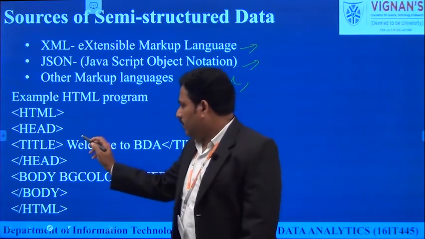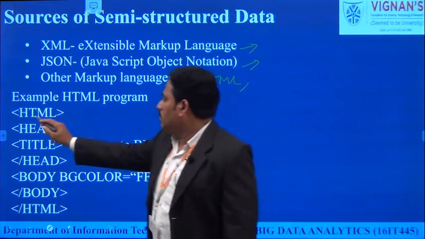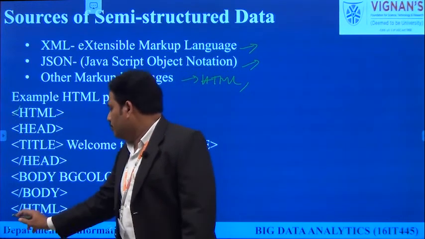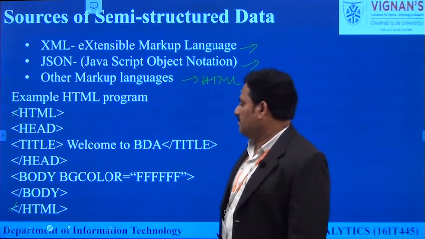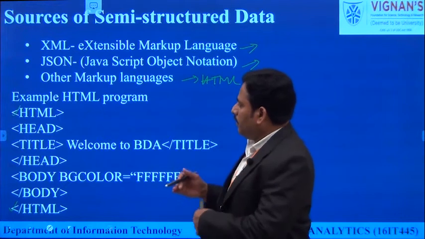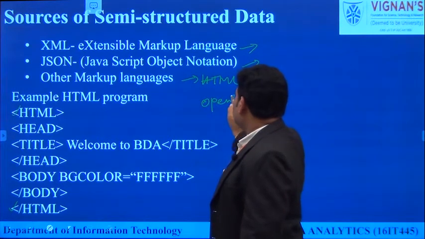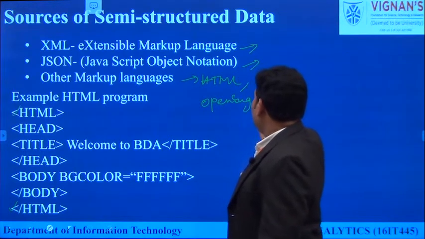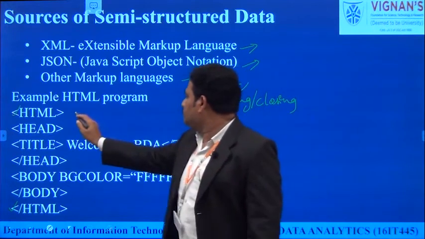Look here. If you want to write a basic HTML program, they suggest using structured information like the opening of a tag called HTML and the closing of the HTML tag. That is, opening and closing of a tag follow an order.